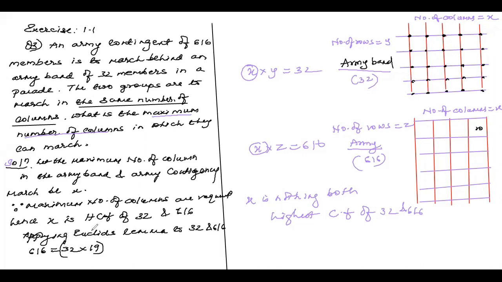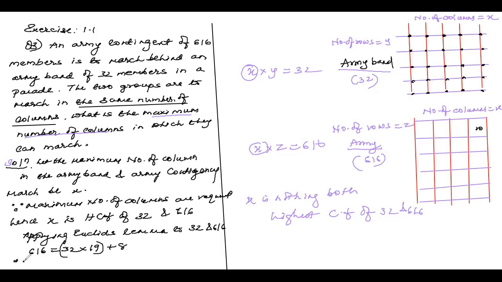तो कितना बच गया बेटा? 616 minus 608, so how much will be remaining, beta? 8 will remain. 8 is the remainder. Okay, now don't you agree?